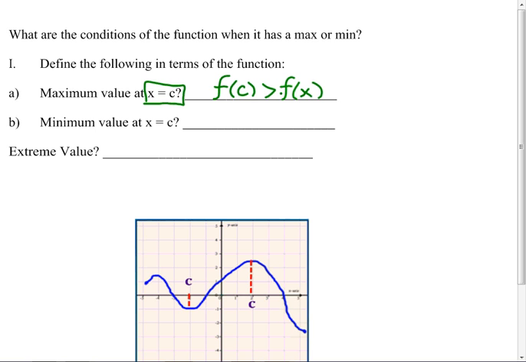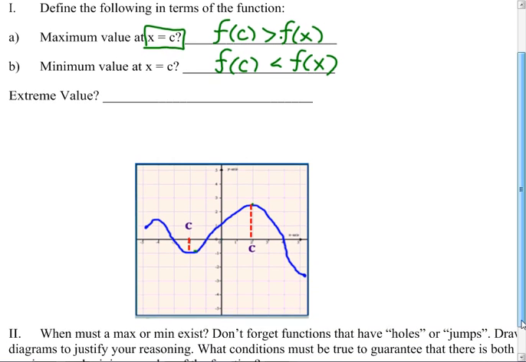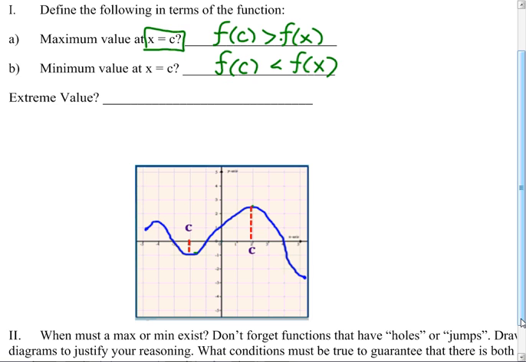Does that make sense? This y coordinate's got to be bigger than all the other ones. What about minimum? The y value, f of c, has to be smaller. And extreme values, that's going to be f of c. It's the y coordinate.